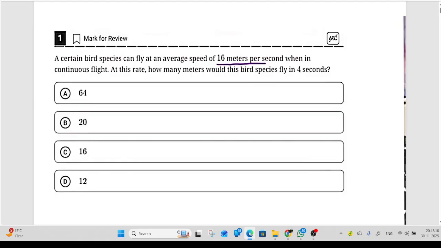Let's see this question. Certain bird species can fly at an average speed of 16 meters per second when in a continuous flight. At this rate, how many meters would this bird species fly in 4 seconds? So we are going to use a formula for distance because we have to find distance, which is distance equals speed times time, right?